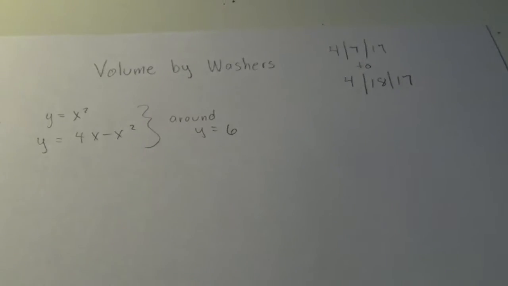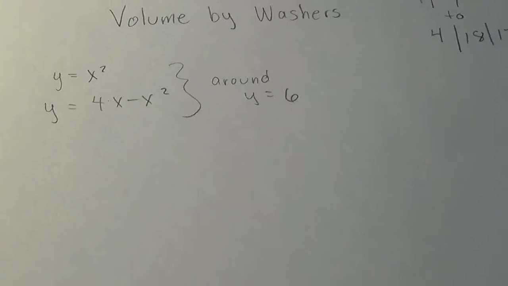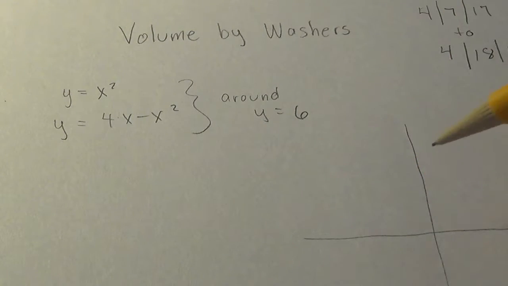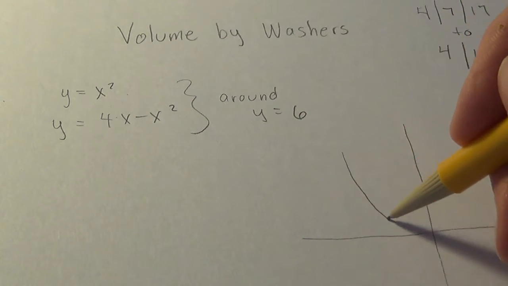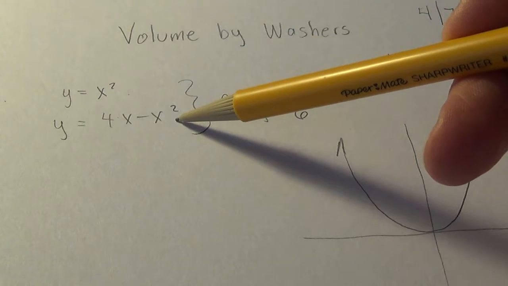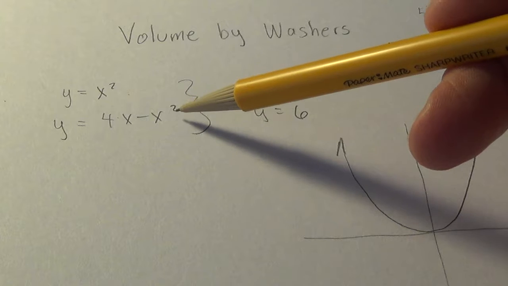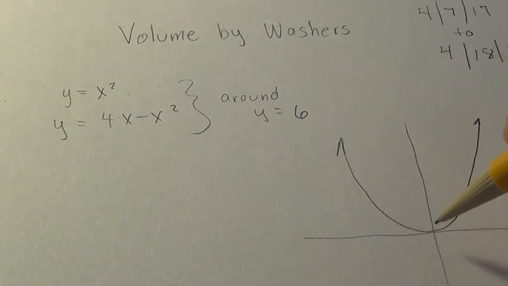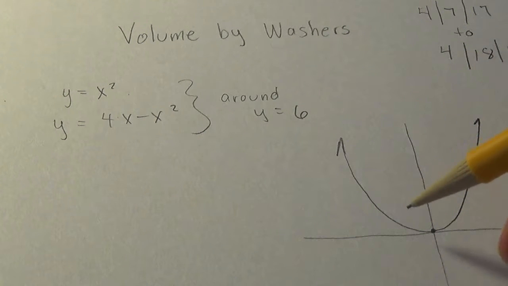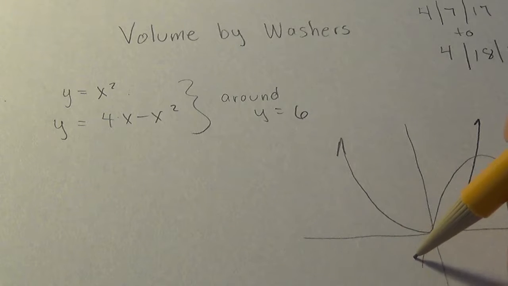Alright, so a quick sketch to see what this looks like. This graph, I know, is the parabola y equals x squared. This other one, if I couldn't use a calculator, I would do a quick table and see that it's a parabola opening downward, and there are lots of ways you could get the point, but the quickest way is on the calculator.